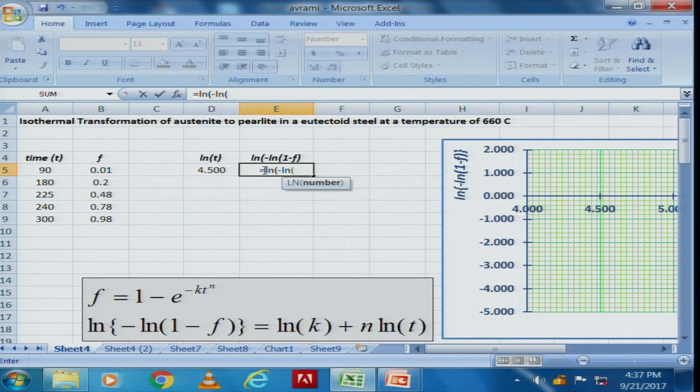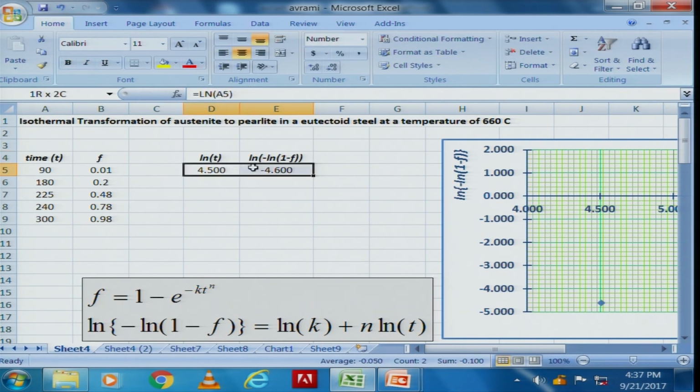So, I have to take 2 logs and then take 1 minus f, and therefore, this in cell B5 is f, 1 bracket closed, second bracket closed, and this gives me the left hand side term for time t equal to 90 seconds. Let me just put another bracket here, that is all.